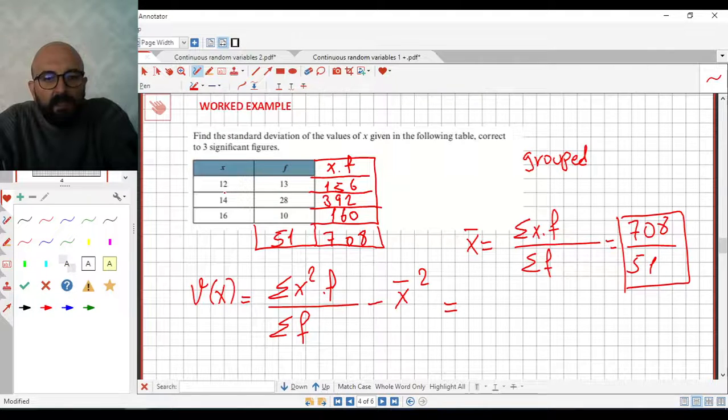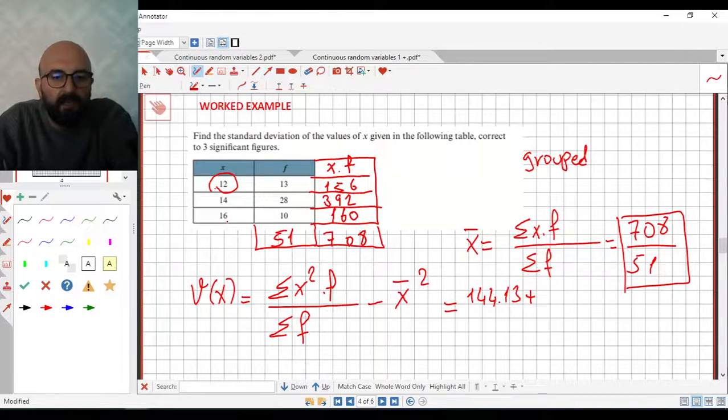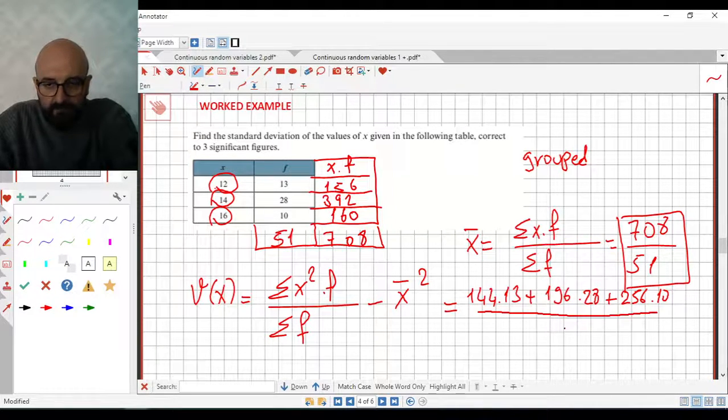It means 12 square, 144, multiplied by frequency, plus 14 square, 196, multiplied by frequency, and 16 square, 256, multiplied by frequency, over the sum of frequency, which is 51, minus the mean square.